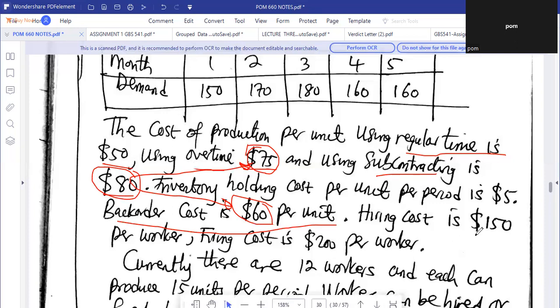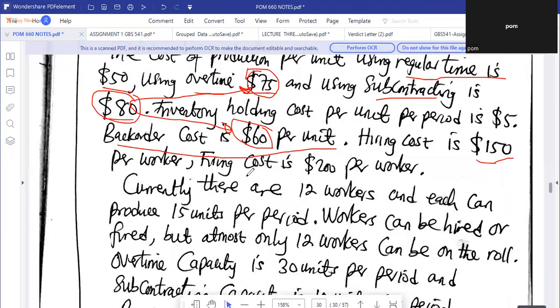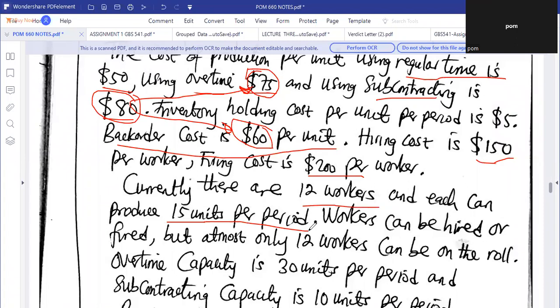Now, holding cost is $150, and firing cost is $200 per worker. There are currently 12 workers, and each can produce 15 units per period. So we can find how many units can be produced when the number of workers increases.